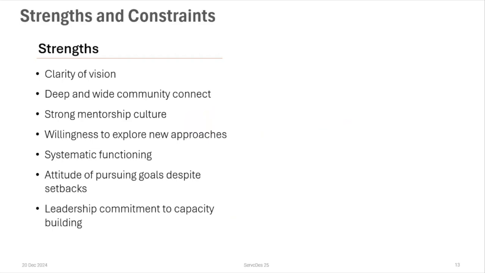One very important part from a participatory design point of view, in my opinion, having been involved and interacted with several such organizations, is a strong culture of mentorship.